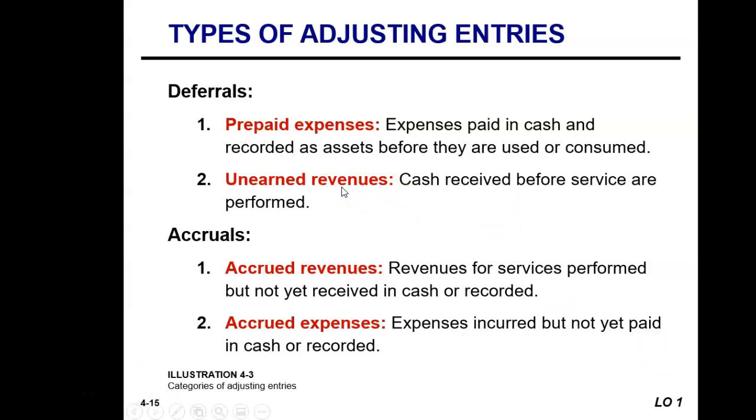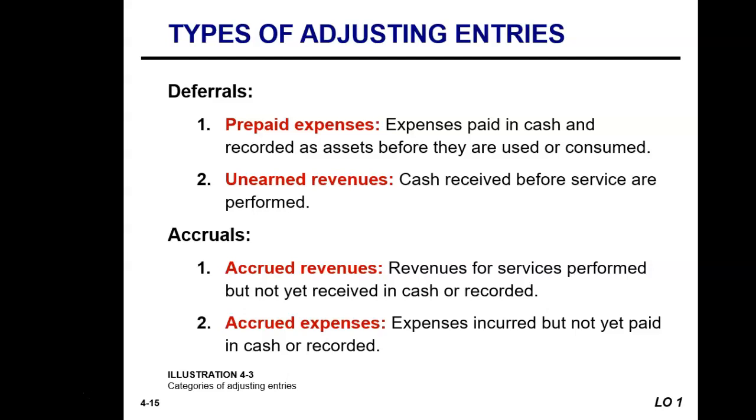Unearned revenue means cash received before services are performed. It means that someone has paid for a service or product before they receive the actual service or product. So an example may be if you're planning to fly somewhere, I'm not, but maybe you are, and you purchase your airline ticket in advance.